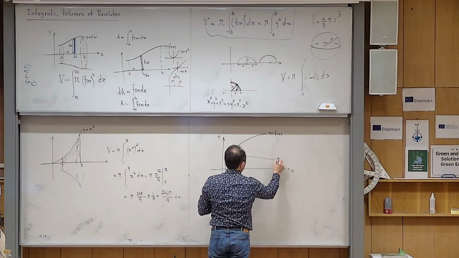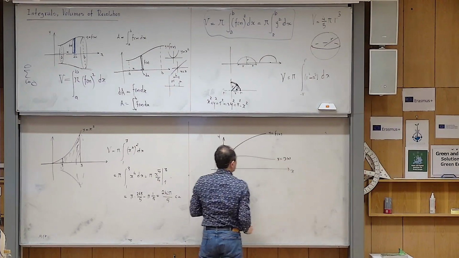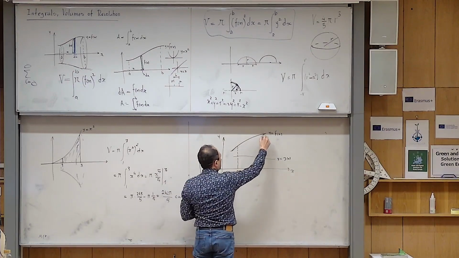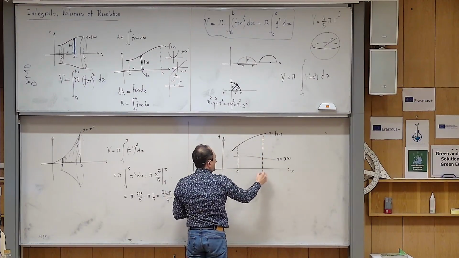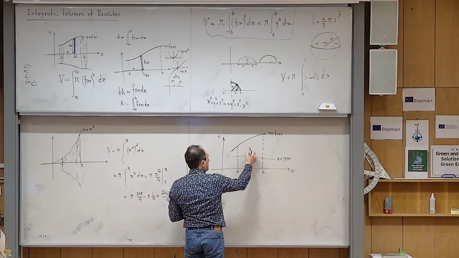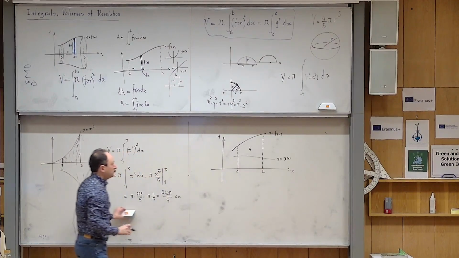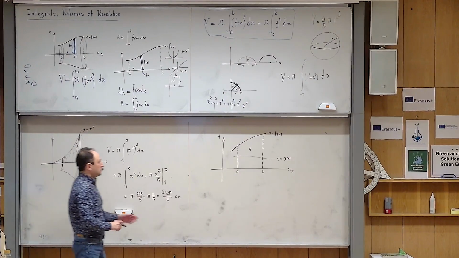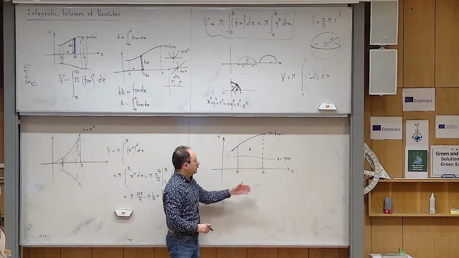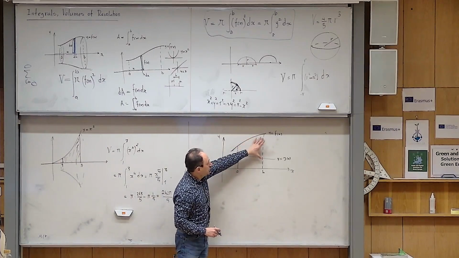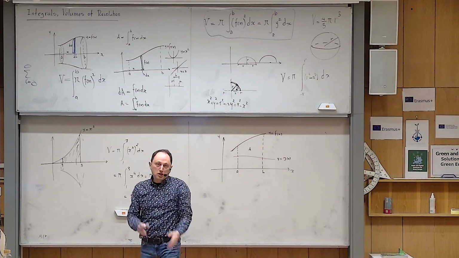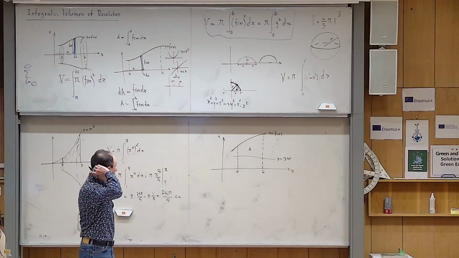Now I have this a here, and this b here, and this is the area. I want you to imagine, without changing the distances, you rotate this area about the x-axis, and it will generate a volume.